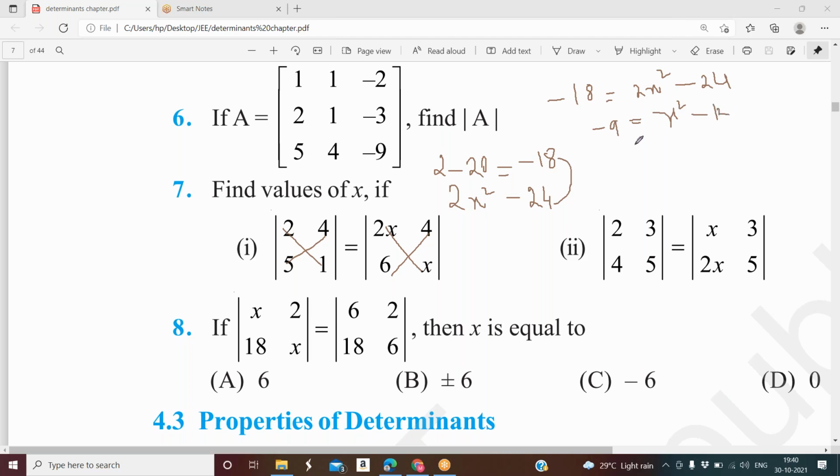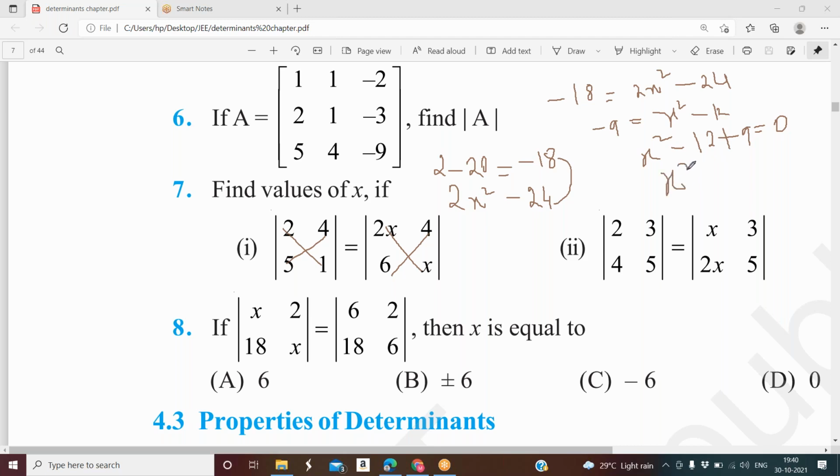So now I have divided the entire equation by 2, and you are getting minus 9 equal to x square minus 12. Bring this minus 9 to the right hand side. So x square minus 12 plus 9 equal to 0. These two are constants, right?